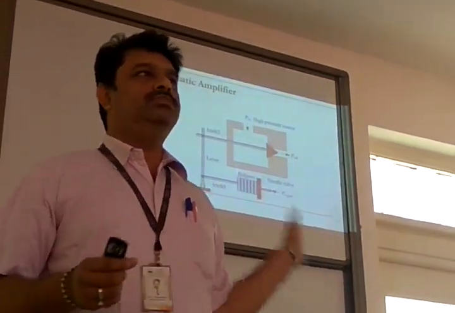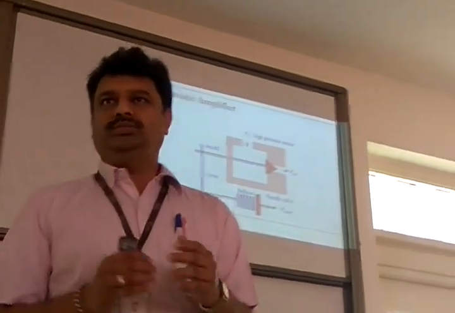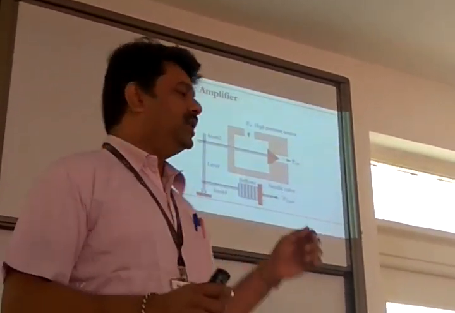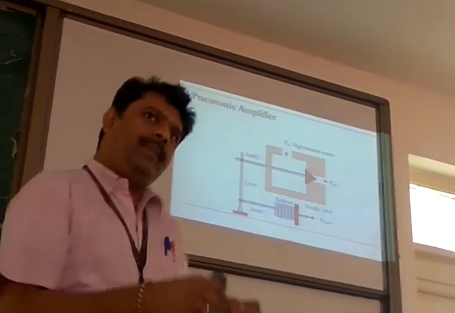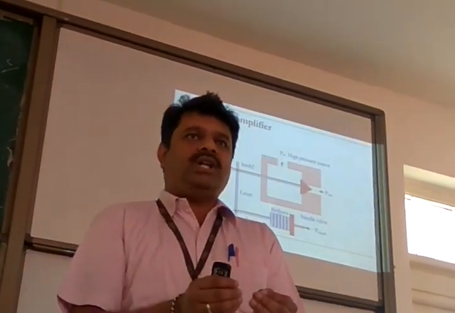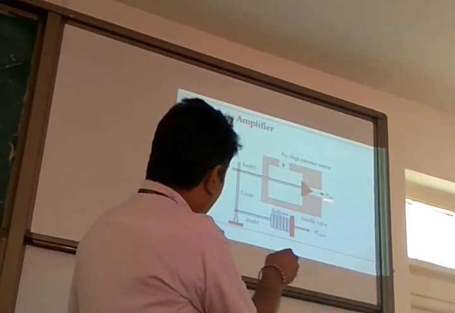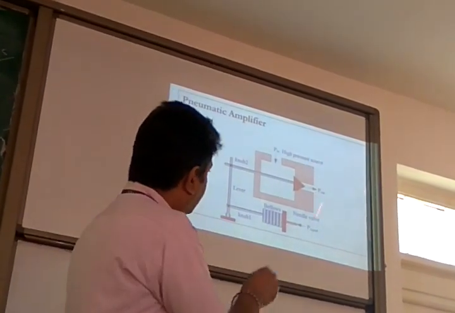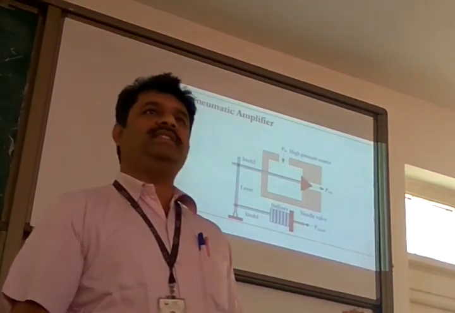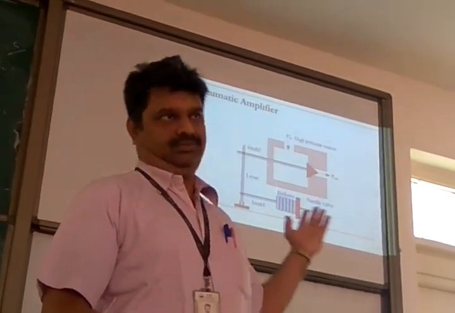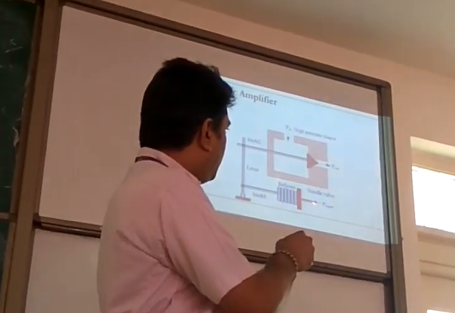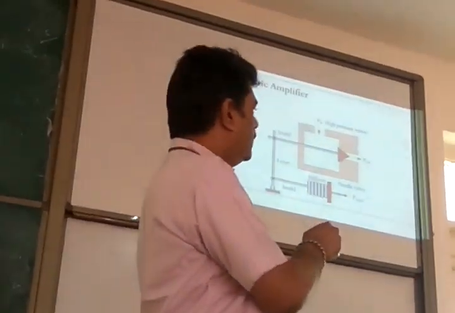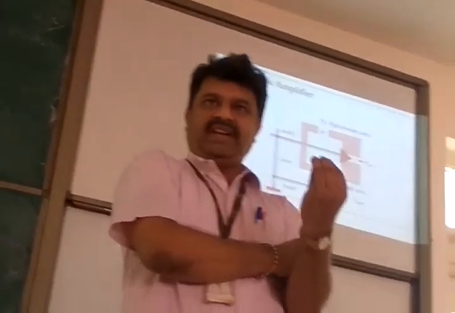So hydraulic power is P into Q: pressure times discharge. Here I am giving some pressure, some discharge. I multiply pressure and discharge. Here I multiply pressure and discharge. Is it increased now, or will it be same or decreased? From the diagram itself you can tell: small pipe, small pressure I am getting, so the power level will be very small.